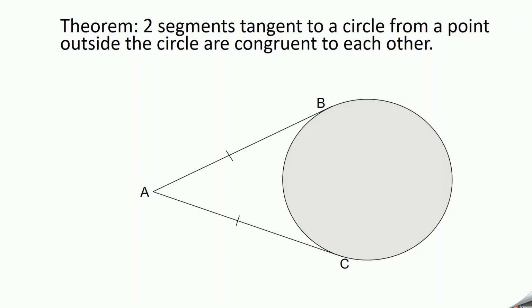Now there is a theorem that goes along with that. 2 segments tangent to a circle from a point outside of that circle are congruent to each other. So imagine point A. Imagine I connect point A to the tangent point B on the circle, and take point A and connect it to tangent point C on the circle. If I do that, AB is congruent to AC. So if AB was 10, AC is also 10.